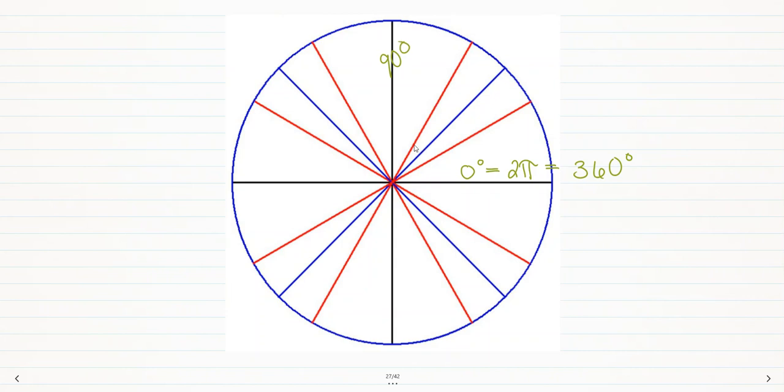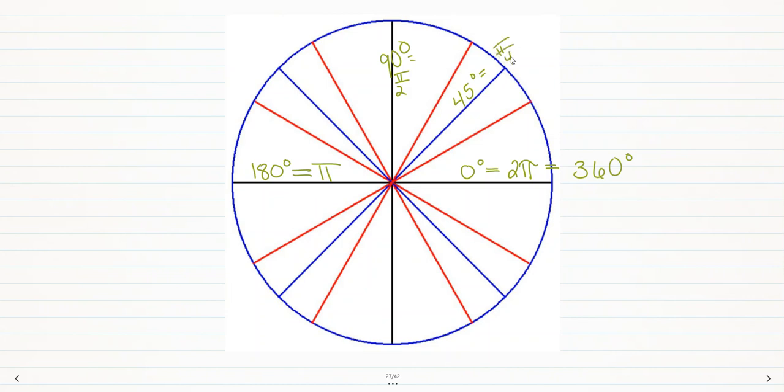And if we went halfway around the circle, it'd be 180 degrees, which is equivalent to half of 2 pi radians or pi radians. This halfway mark, the 90 degrees, if it's half of pi, would have to be half of pi radians or pi over 2 radians.